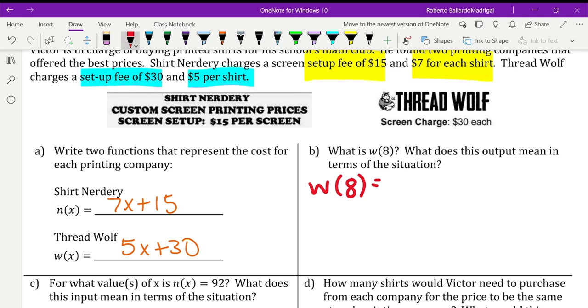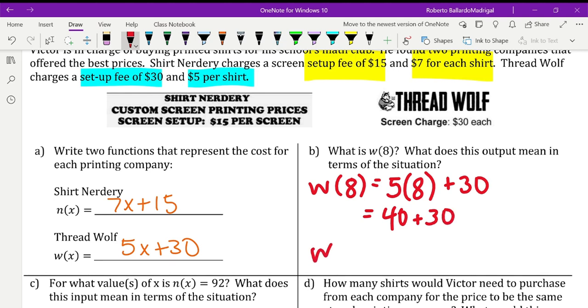So we're going to take this equation, 5x plus 30, and in place of x, we're going to fill in an 8. That way, we can find out what the price is for the 8 shirts. So we multiply 5 and 8, and what do we get? 40. So we find that W of 8 is equal to 70.